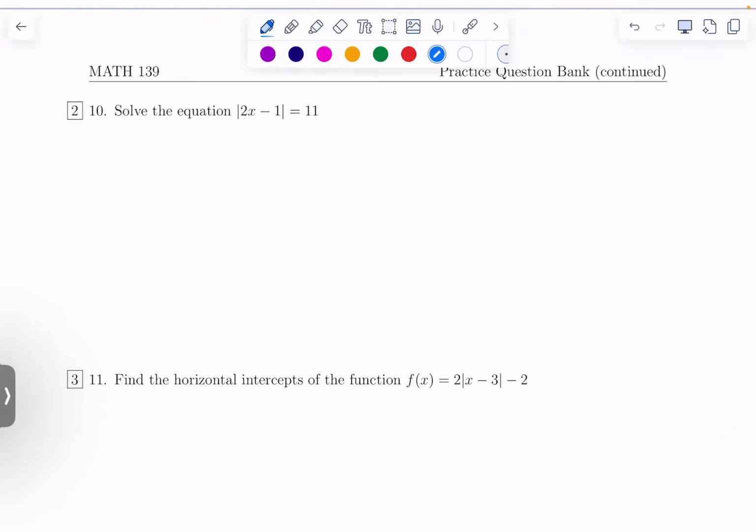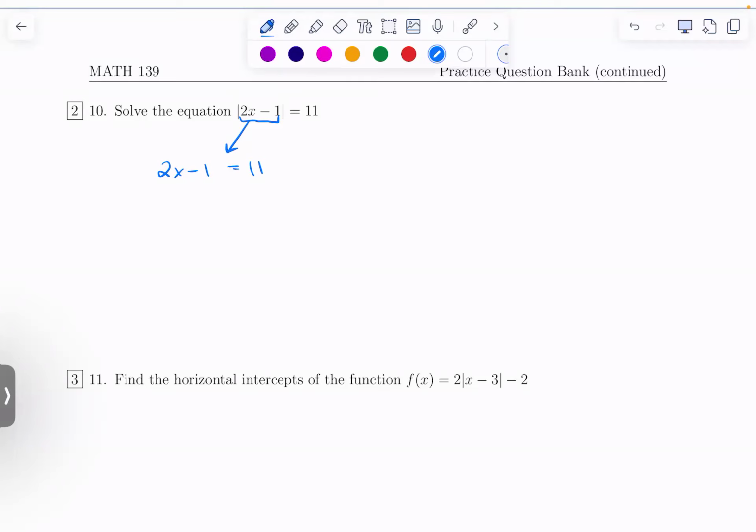How about the absolute value function? It was a piecewise function, right? The absolute value, we know it turns negative values positive, but how? We've got it in our notes, but to solve this, we look at the inside. So 2x minus 1 can be 11, since the absolute value of 11 is 11.